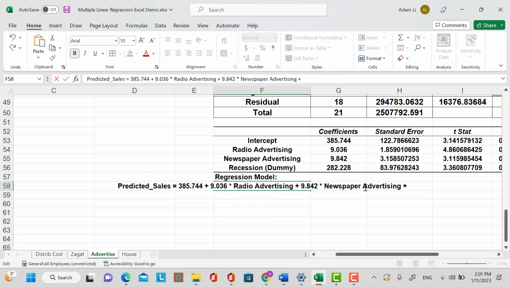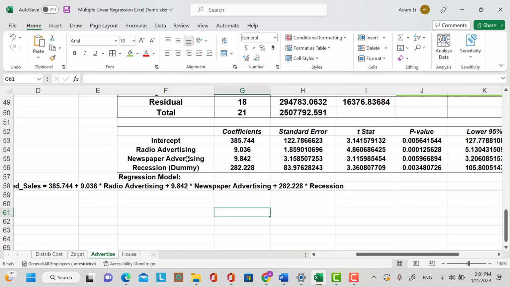And adding 282.228 as recession. So no recession multiplied by 1, yes there's a recession multiplied by 0. Meaning, without a recession, the sales will go up by 282.228 units. Right? So that's how you interpret each one of these.